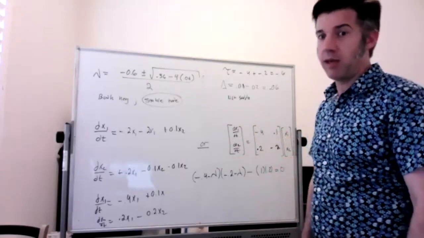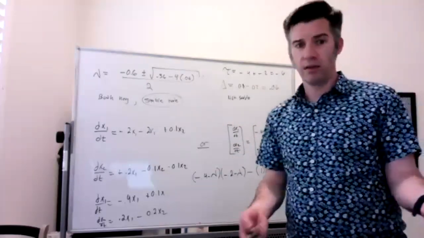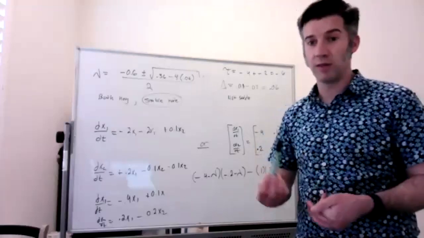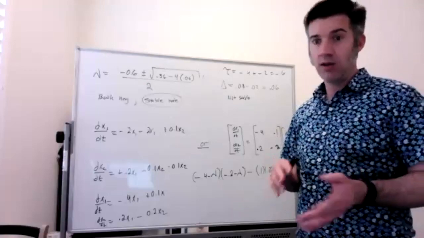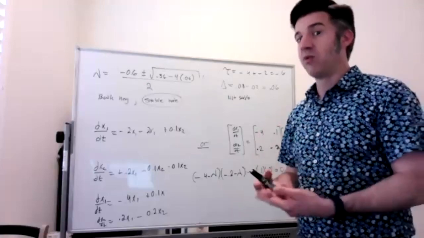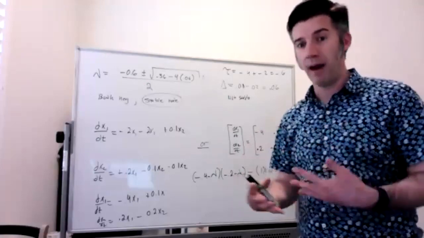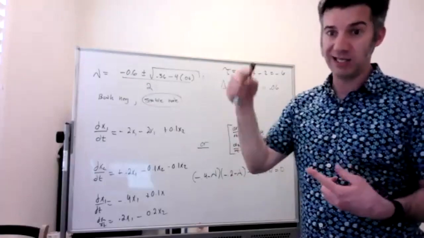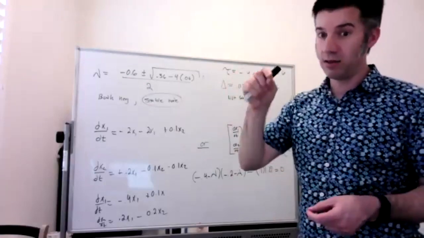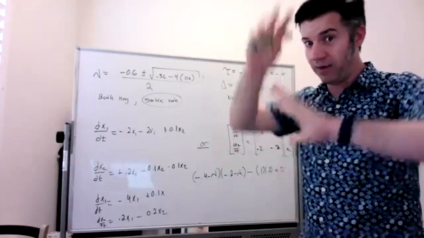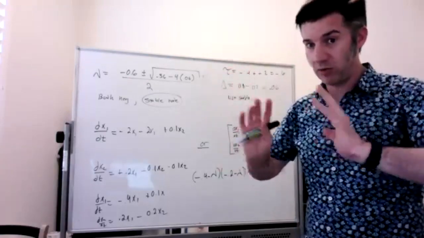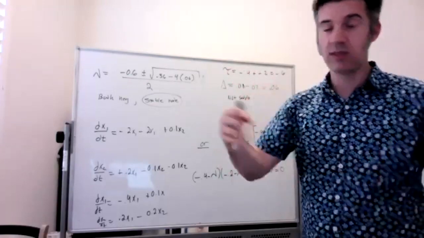Thank you. Typically, when someone's asking you to classify the stability of a linear system of differential equations, they're really saying, tell me about what's happening at 0, 0. Is that equilibrium, which is the only equilibrium point in the phase plane for a linear system of differential equations, stable or unstable?